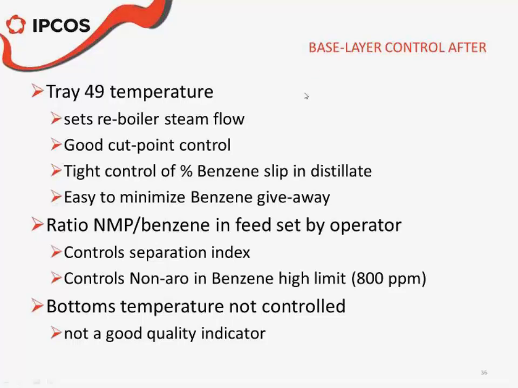So in the new base layer control, the temperature sets the reboiler steam flow, keeps a good cut point control, and is now a tight control of the benzene slip in the distillate, which is a very important thing in this column, because it minimizes the benzene giveaway. Remember, this is the main product for this column.